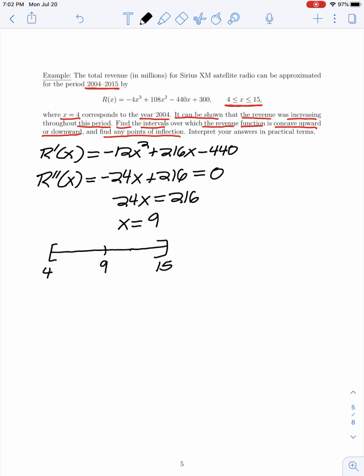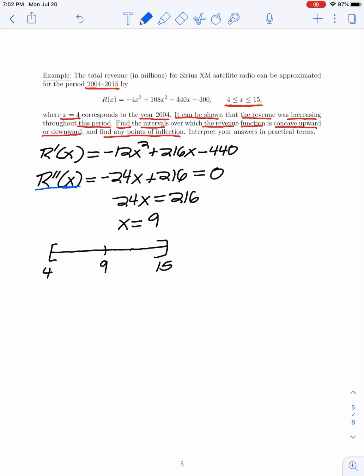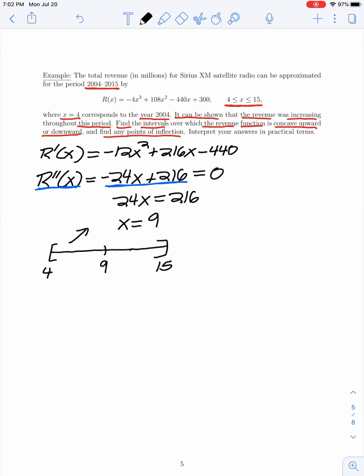So to the left of 9, we could choose a value, say x equals 8, and substituting into our second derivative, we would have a positive value. Now to the right of 9, we could take, say, x equals 10, substituting into the second derivative, we would have negative 240 plus 216, which is negative.